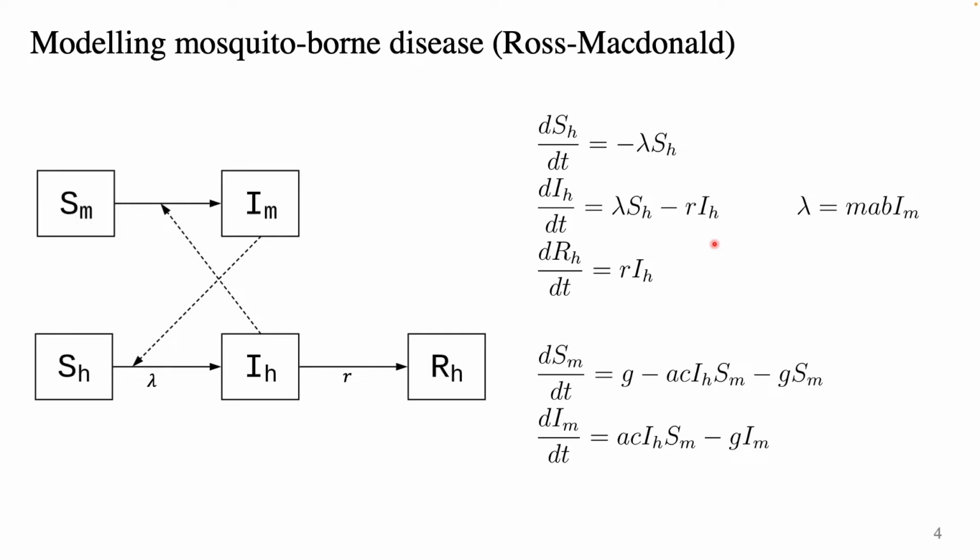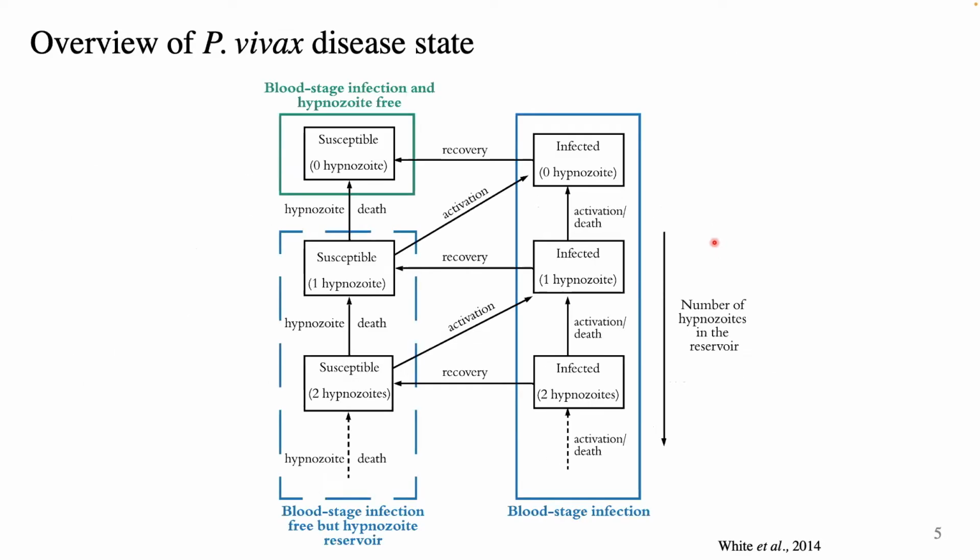If we want to capture the proper dynamics of the Vivax life cycle, consider that if you get bitten by mosquitoes, you might have a different number of hypnozoites established within your liver, right? For example, 5 hypnozoites established after you get bitten by an infected mosquito. So currently you are infected, and you have 5 hypnozoites.